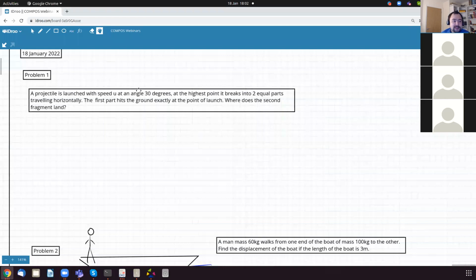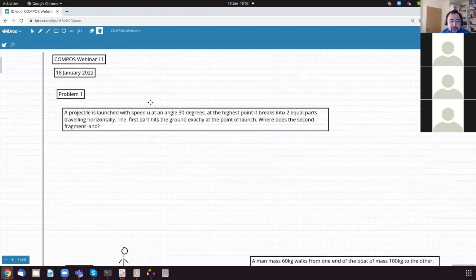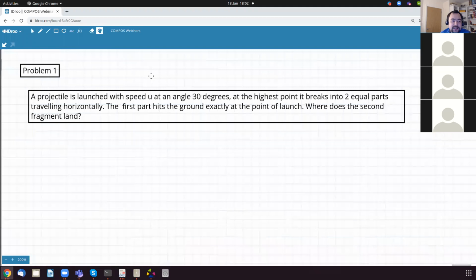Okay, so problem 1. A projectile is launched with speed u at an angle of 30 degrees. At the highest point, it breaks into 2 equal parts, traveling horizontally. So a diagram always helps. So always start with a diagram.